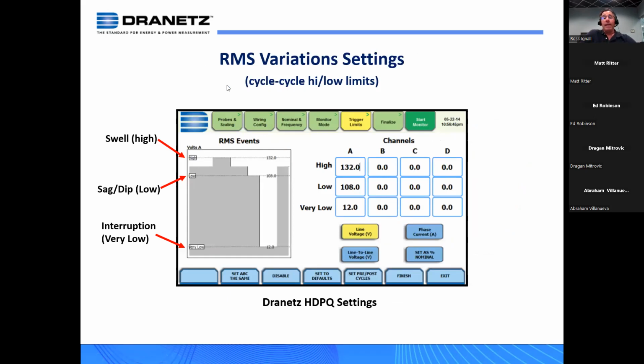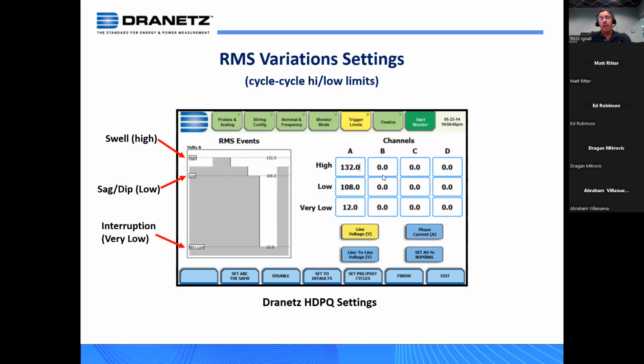And so how do you set these things up? This example is with our Dranetz HDPQ line, and basically you can see it's a high limit for a swell limit, a low limit for a sag or a dip, and an interruption limit. Now we do have automatic setups in these meters, what we call the wizard, or the manual setups automatically go to those same limits in the automatic setup.